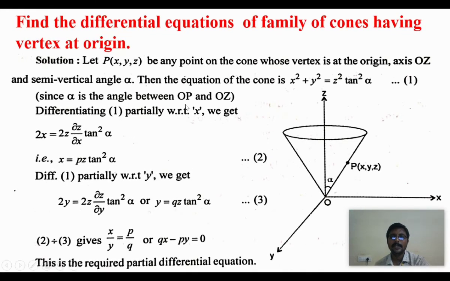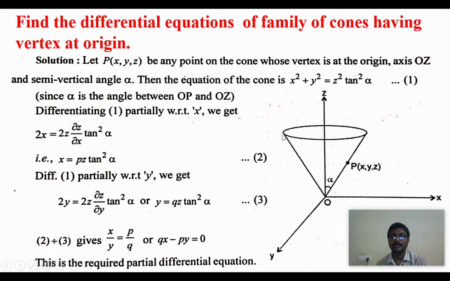Find the differential equation of the family of cones having vertex at origin. So let P(x, y, z) be any point on the cone whose vertex is origin, axis OZ, and the semi-vertical angle is alpha.